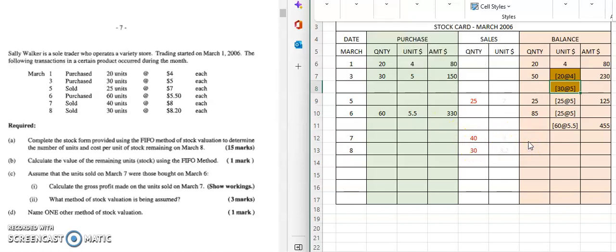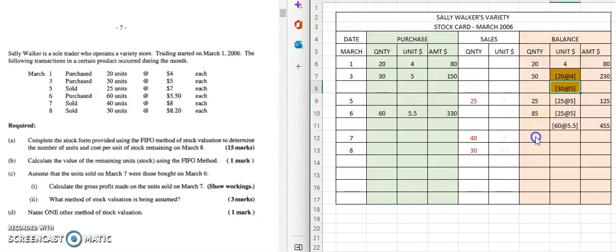All right, good. So now, on the 7th, she sells 40 units. So she will have a total of 45 left. First in, first out would say then that she sold this 25. Right?